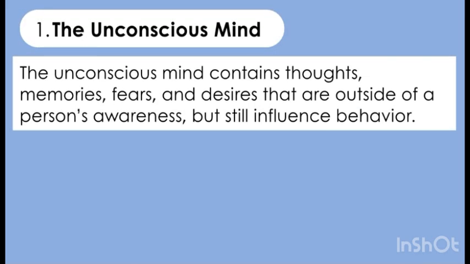Let us discuss the unconscious mind. The unconscious mind contains thoughts, memories, fears, and desires that are outside of a person's awareness but still influence behavior. So the unconscious mind is what we are not aware of, but it still influences how we behave or how we act.